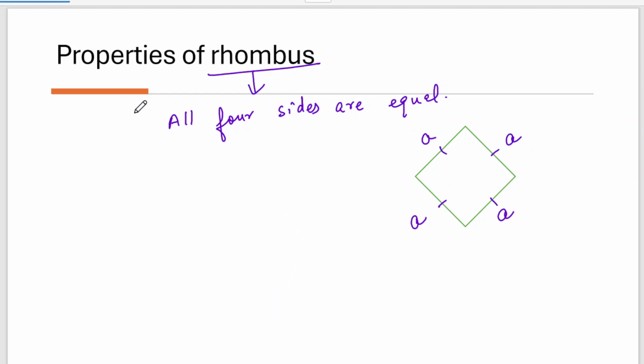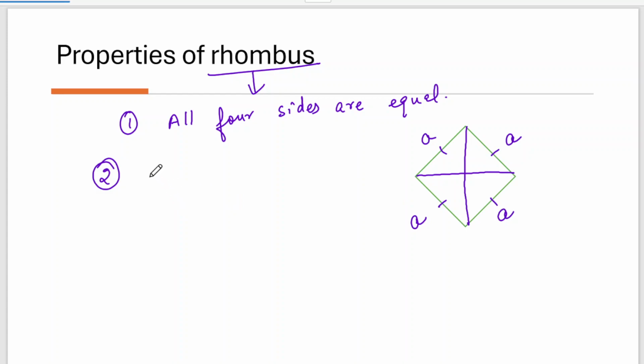Another important point related to rhombus is that their diagonals, that means if you connect the opposite vertex, you will get the diagonals. So you have got two diagonals. Their diagonals may be of same length or may be of different length.